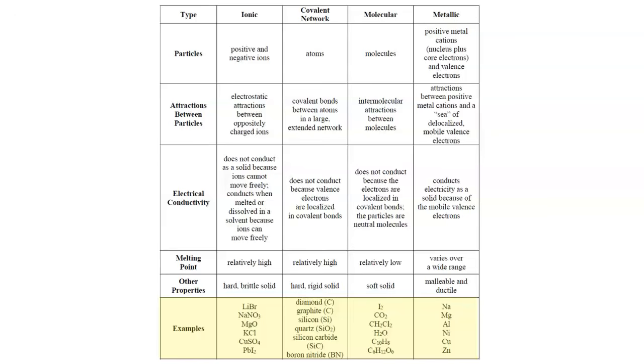Molecular solids are generally composed of nonmetals, such as carbon, hydrogen, oxygen, the halogens like chlorine and iodine, sulfur, phosphorus, and as long as there are no recognizable polyatomic ions in that formula, that would be a covalent bonded, or molecular, solid. Finally, metallic solids are, in fact, metals, such as sodium, magnesium, aluminum, nickel, copper, zinc, and so forth.